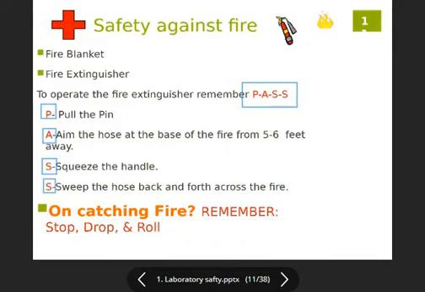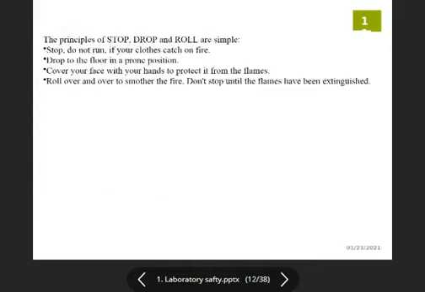But if somebody gets fire, then what will you do? You will stop, drop, and roll. What is the meaning of this? It means that if you get a fire, first of all, stop running.